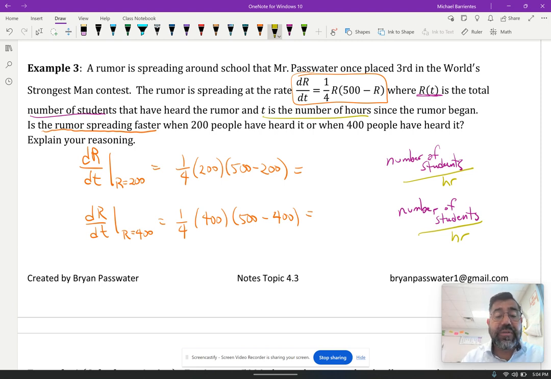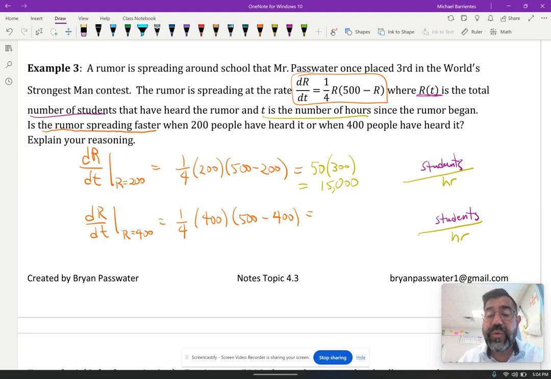So let's do this really quick here. 1/4 of 200. What's 1/4 of 200? 50 times 500 minus 200, that's 300. Is that right? 300? Yes. So then this would be 15,000 students per hour.